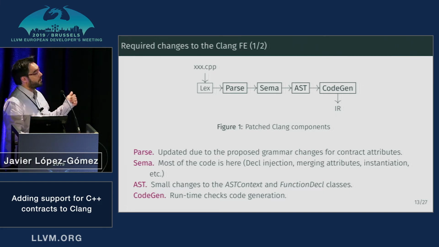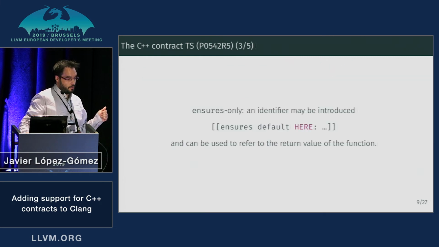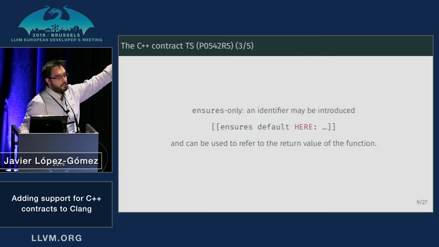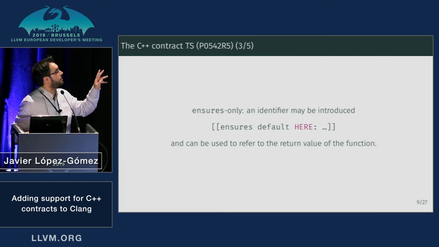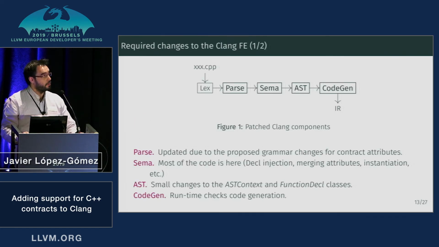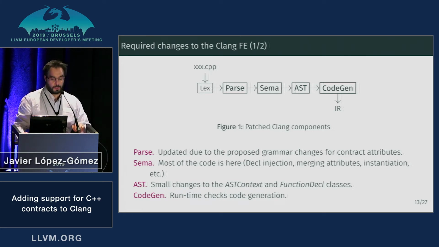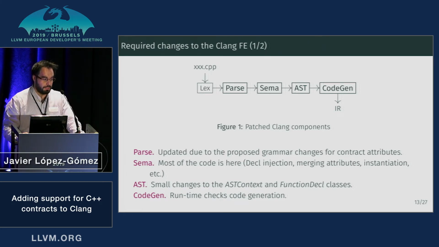I did changes to the parser because if you take a look here, you will see that this is not the standard attribute spelling for C++11 attributes because there is a colon there. So I added some grammar rules proposed by the technical specification.